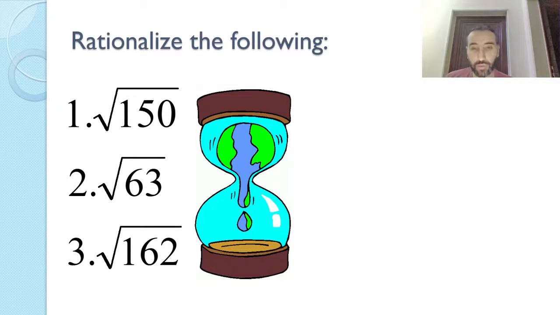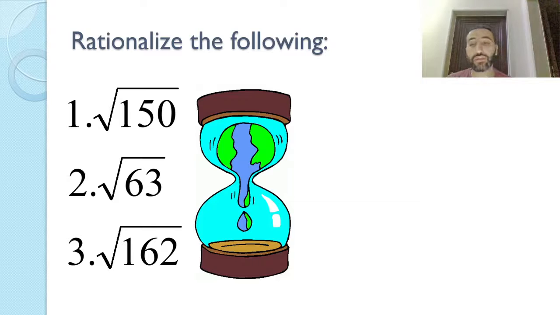I started with 1: 1 times 150, 2 times 75, 3 times 50, and I still haven't found any square number. 4, I didn't find. 5 times 30, also no. 6 times 25 is 150. Okay, so I use 6 times 25 equals 150.